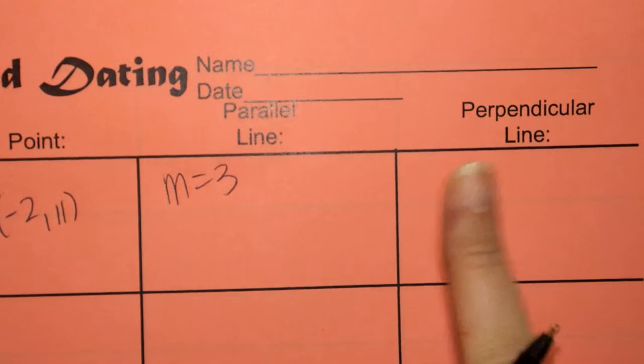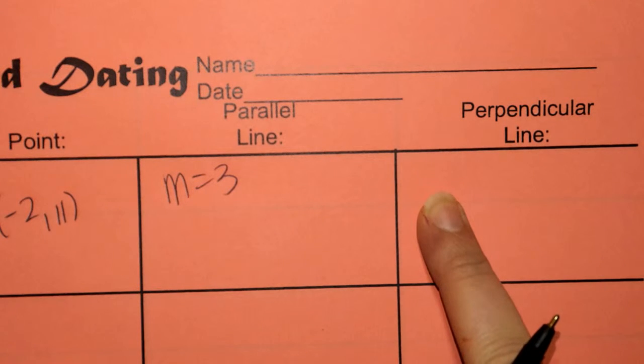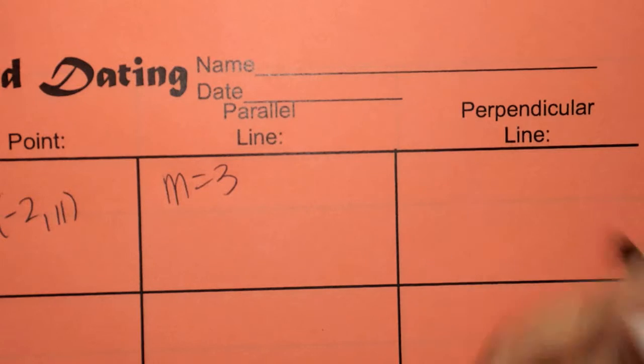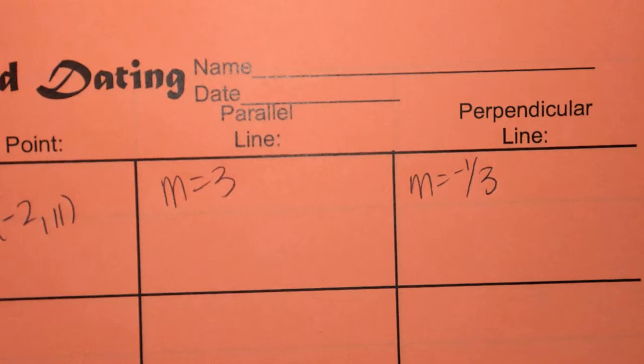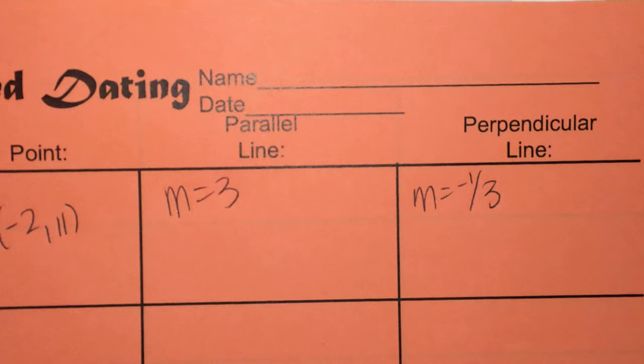If it's perpendicular, what kind of slope do we have to have? Negative 1/3. Awesome. Then use point slope form and create the parallel line and perpendicular line. You have 3 minutes, and then we're switching. The people without an ordered pair, switch, and you work down the paper.